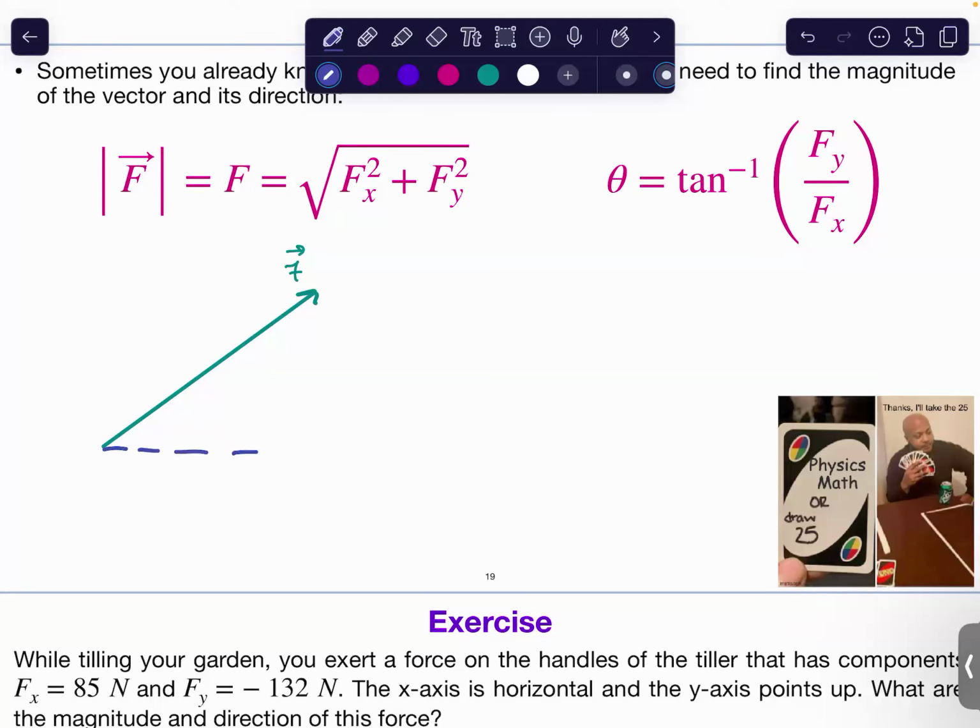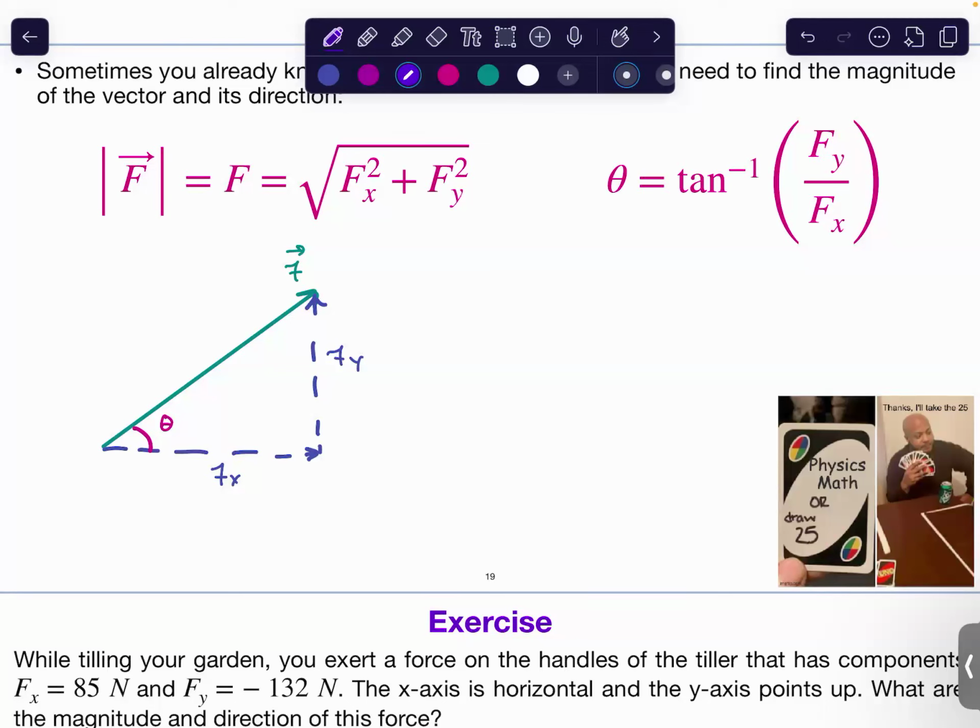I'll try to make these neat. I have my two component vectors. I have theta. So you want to know the magnitude: how long is that vector F? How big is it? Well, this is a right triangle.